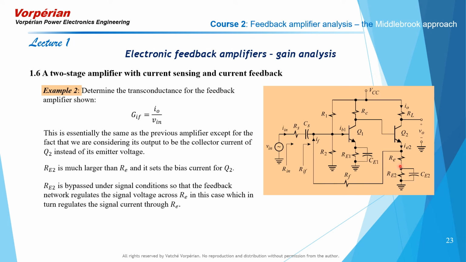So what RE does really is creates a voltage drop across it that's proportional to the emitter current, which, if the transistor beta is large, is the same as the transistor collector current.